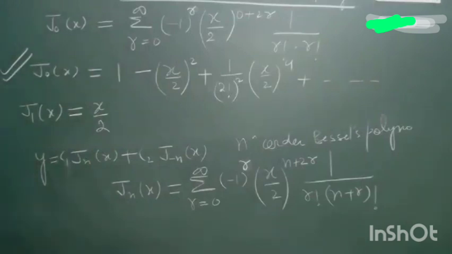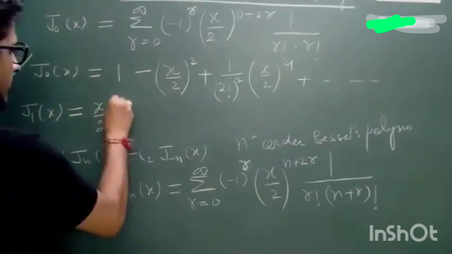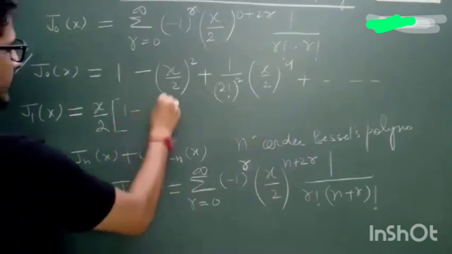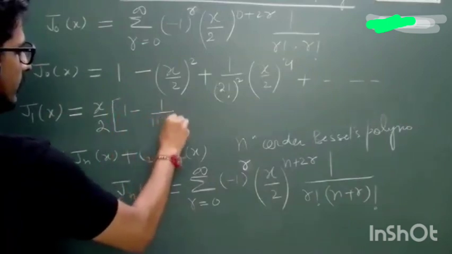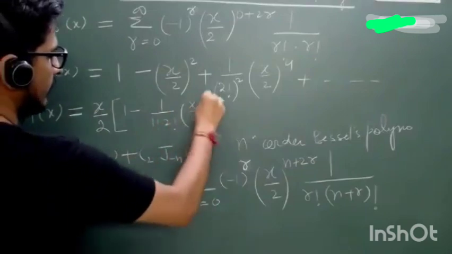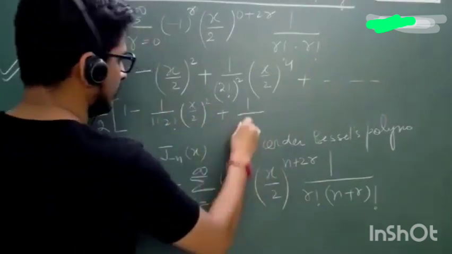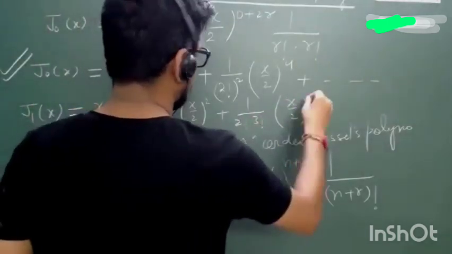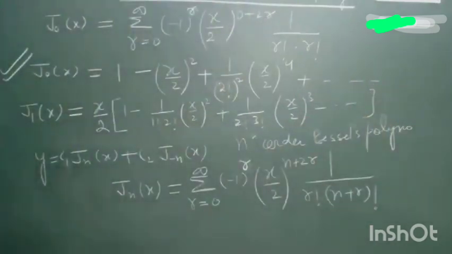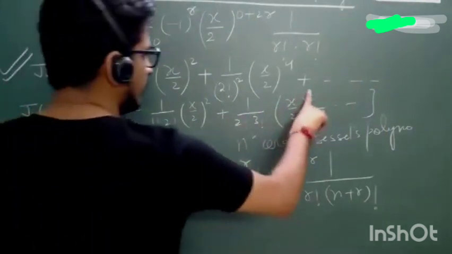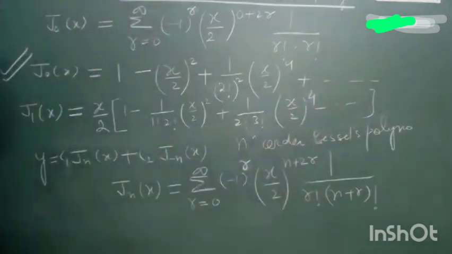If I take this x by 2 common in J1, I will get 1 minus 1 upon 1 factorial 2 factorial x by 2 square, plus 1 upon 2 factorial 3 factorial x by 2 to the power 4, minus and so on.